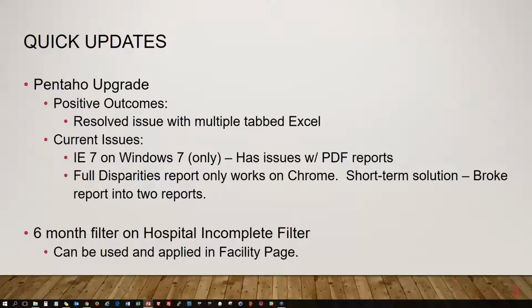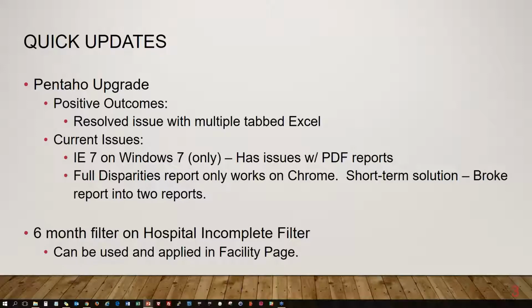Internet Explorer 11 on Windows 7 is having some issues opening up the PDF reports. We're not having any issues with the Excel or the CSV reports. It's just this. So we're looking into that as we speak. Our recommendation is to, for the moment, leverage a different browser, whether it's Chrome or Firefox.